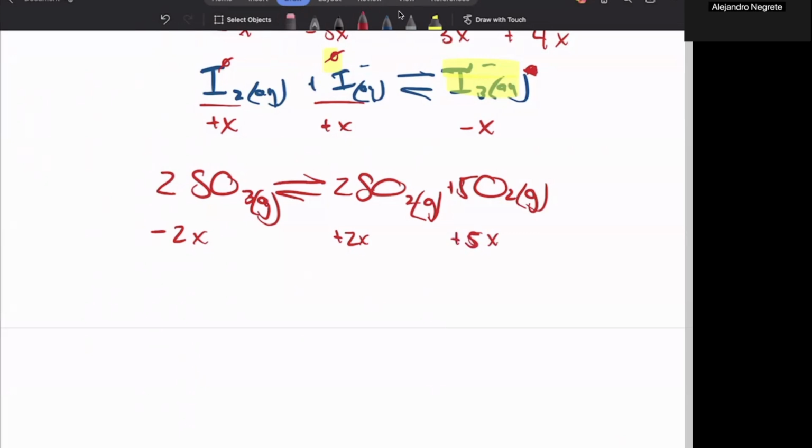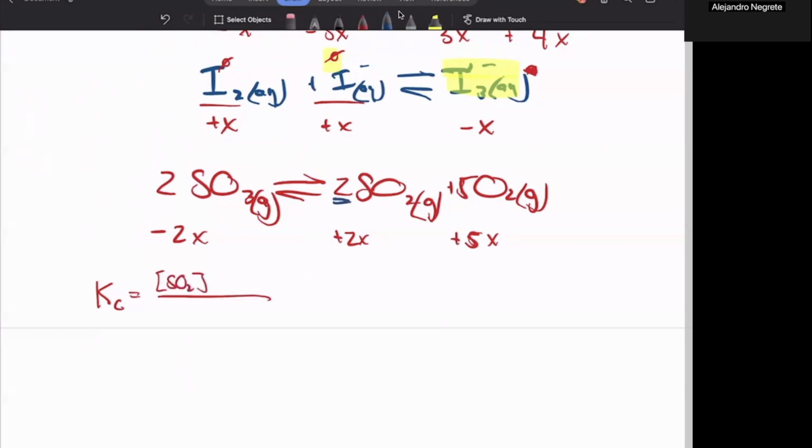Now, the concentrations here, let's determine what K sub C is. K sub C, products over the reactants, right? This concentration here, SO2, and then don't forget this here.